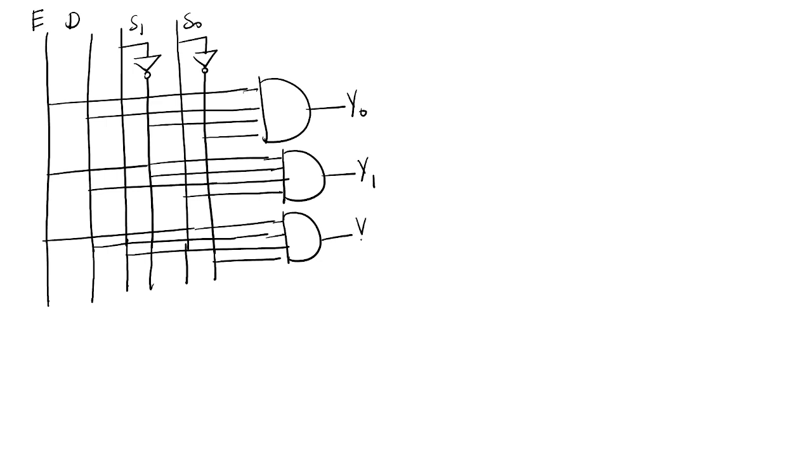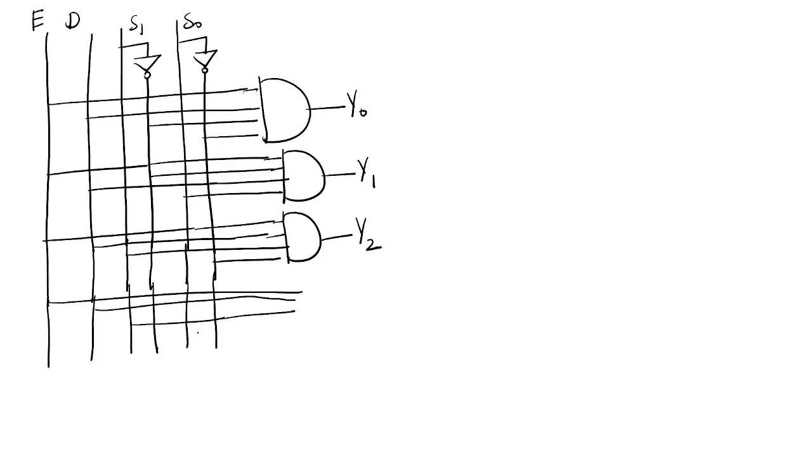This is Y2. And next enable, D and S1 and S naught connected with an AND gate, Y3. This is 1 cross 4 DMUX. Is it fine? Fine, sir.